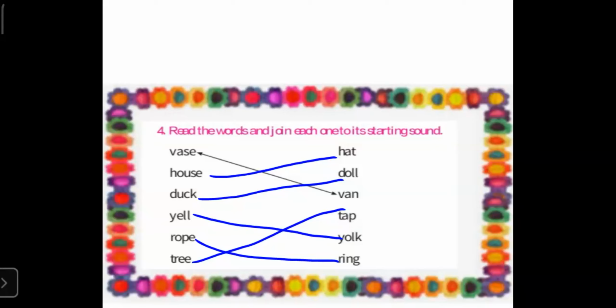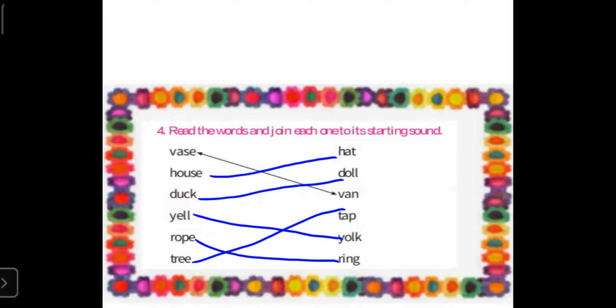Next word, yell. Yell matches with yoke because both yell and yoke begin with the same sound Y. Next word, rope.